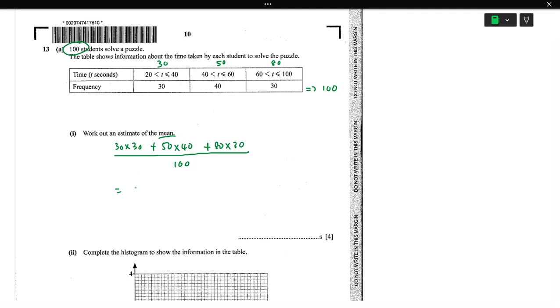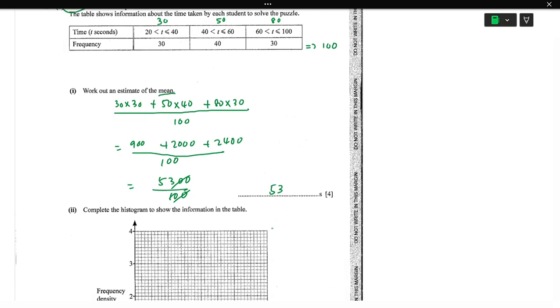Okay, 900 plus 2000 plus 2400 over 100. When we add up, 2000 plus 2400 is 4400, plus 900 is 5300. 5300 over 100, so the answer is going to be 53.